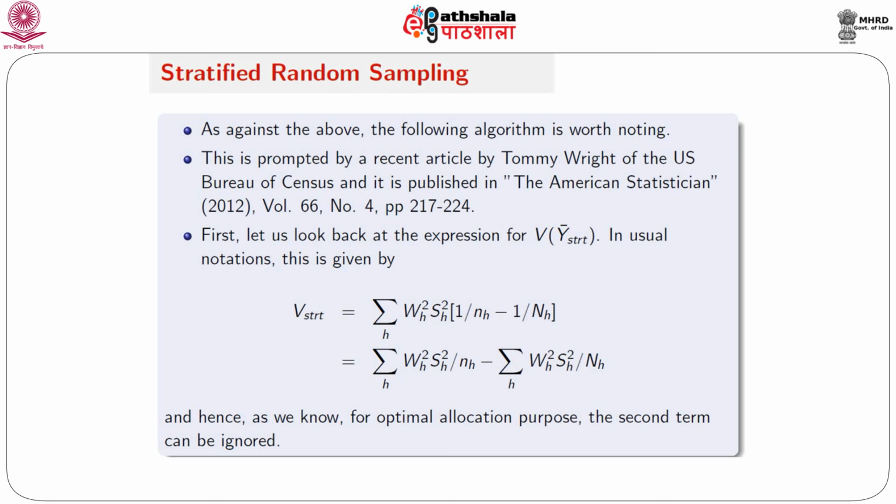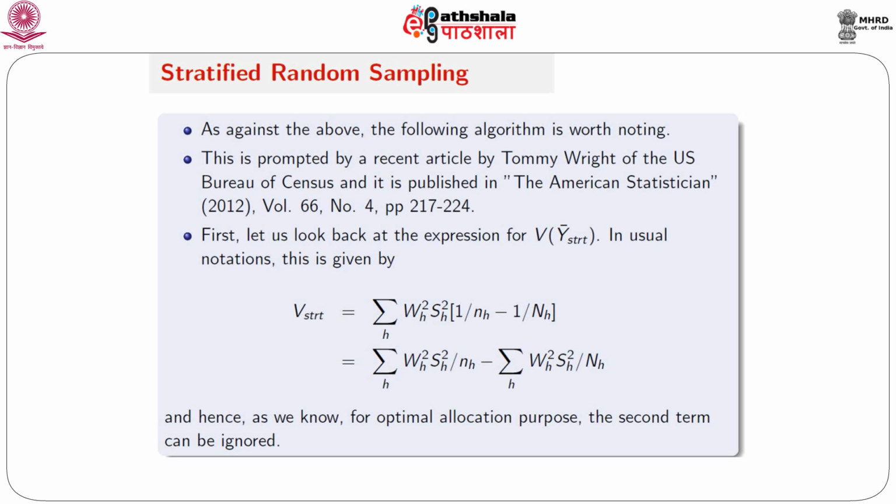So let us look back at the expression for V strat, as is known. In usual notations, this is the expression for V strat for the estimate of the population mean using stratified sampling and the allocation numbers in it.